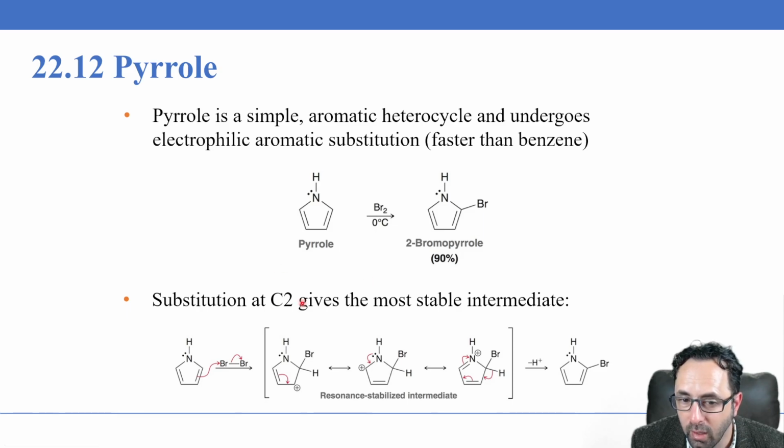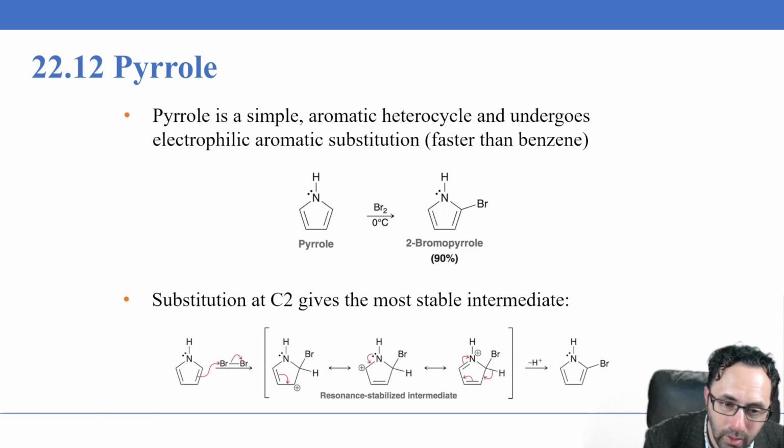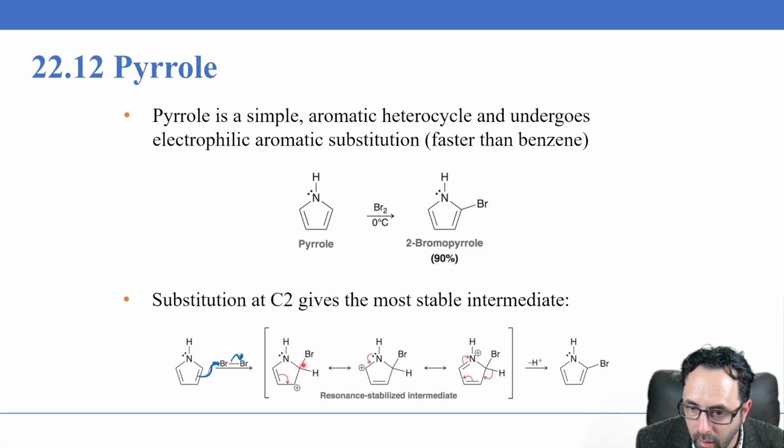So substitution at C2 is going to give the most stable intermediate, and this is because if we have this nucleophilic attack on the bromine here, and the bromine adds to the position right next to the nitrogen, then that leaves this carbon here with 3 bonds and no lone pairs, giving it a positive formal charge.